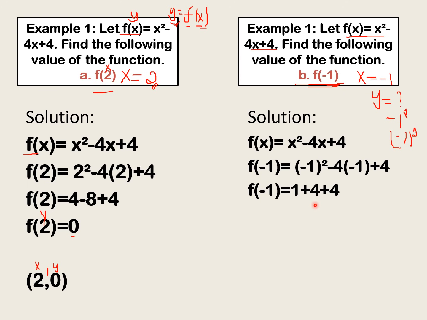Okay, now let's simplify for us to be able to look for the value of y. So our y here, f of negative 1, this is y, tama? Our y would be equal to 1 plus 4 is 9. Therefore, the ordered pair, when x is negative 1, ang makukuha nating value ng y is positive 9.